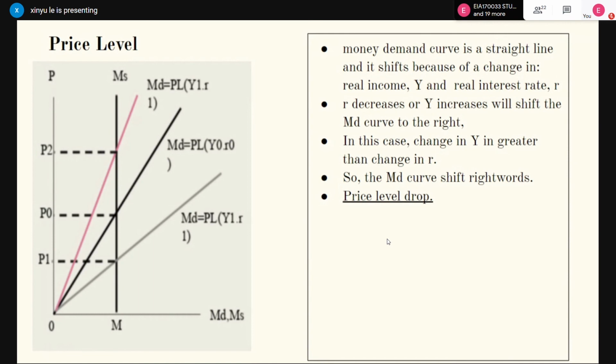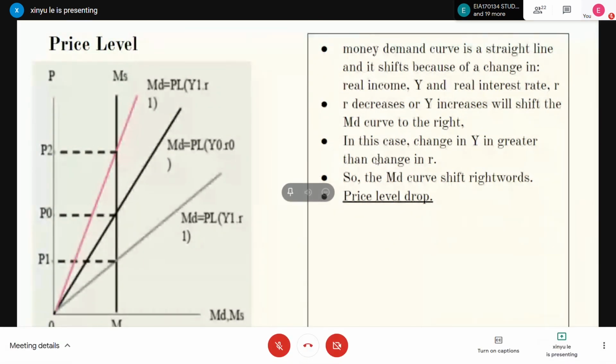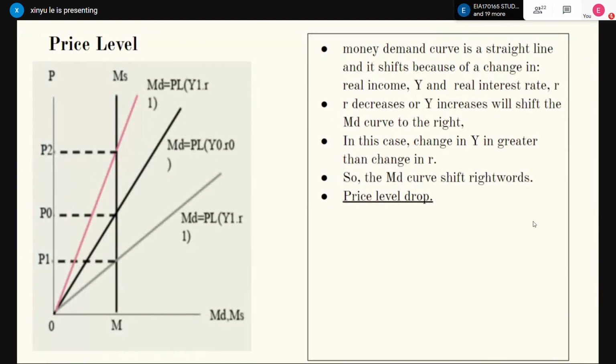That means when the real interest rate decreases, you get an increase in productivity, so the price level will come down. What is the definition of the real interest rate? The real interest rate is your nominal interest rate minus the inflation rate. Our current nominal interest rate is about 2%.